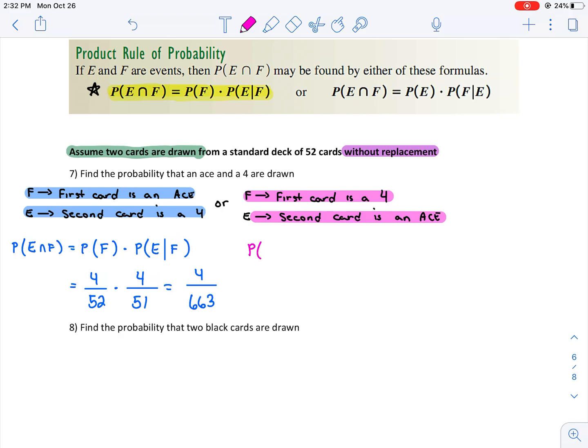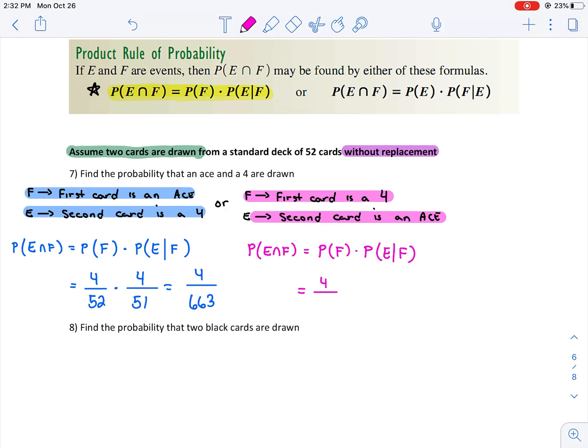So what happens when we select the 4 first? The probability of E and F is again the probability of F times the probability of E given F. So it's the probability of selecting a 4 times the probability of selecting the ace given the 4 was already selected.